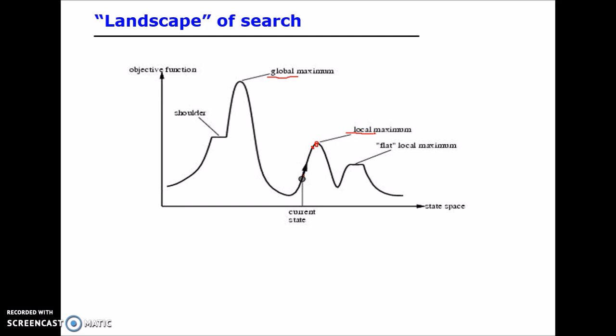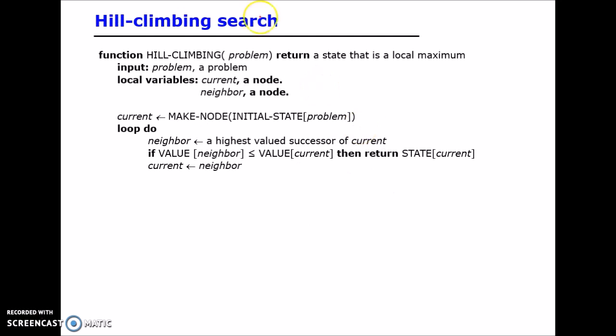Now, moving on to the algorithm. This is our algorithm. Function hill climbing, problem. This problem here is the graph input. Returns a state that is a local maxima. Input, a problem, and the local variables are current, which is our current state, and neighbor, which is our neighbor state.